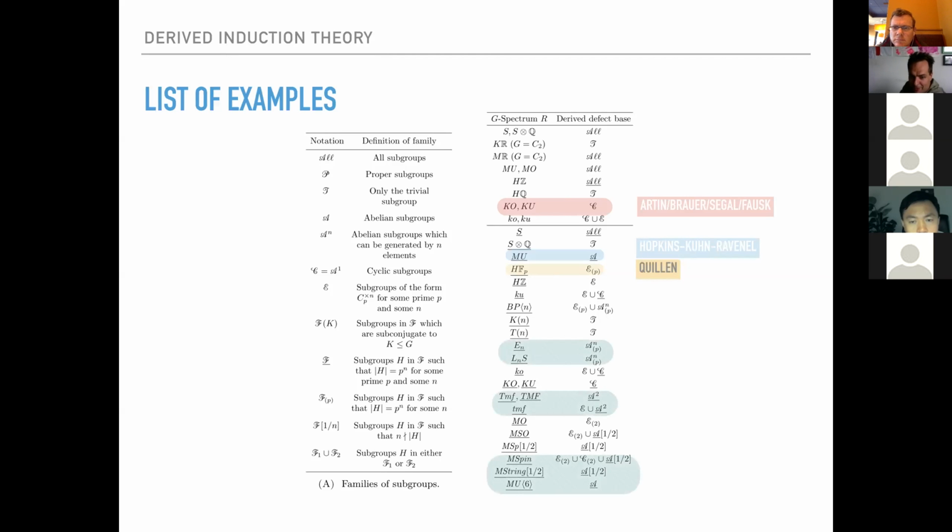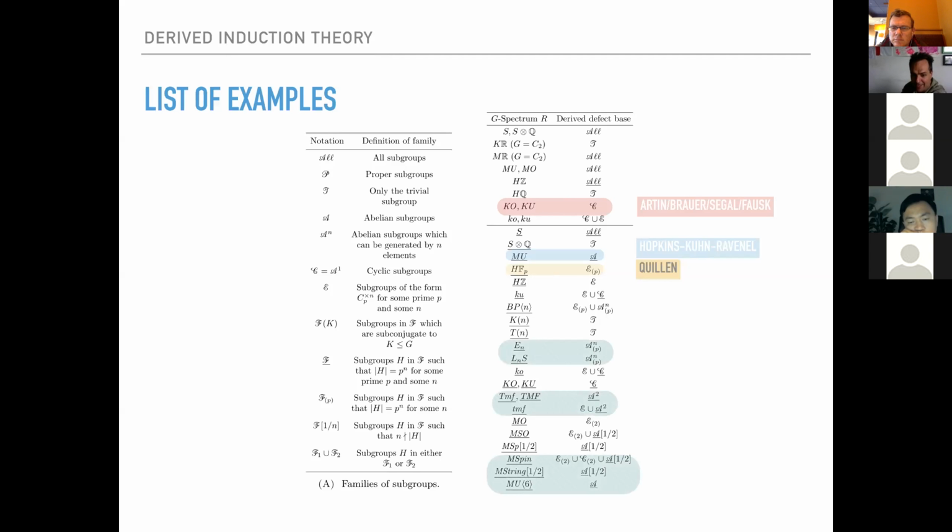Then there are a bunch of our chromatic friends. So Lubin-Tate theory gives rise to abelian p-groups generated by n or fewer elements. That's the same defect base as for the L_n local sphere. TMF gives me abelian groups generated by 2 elements. This is about commuting 2-tuples in the group.